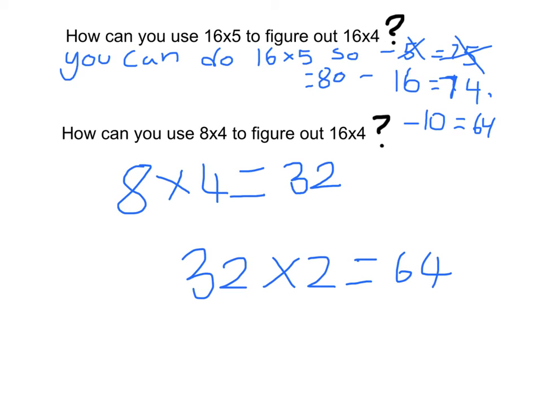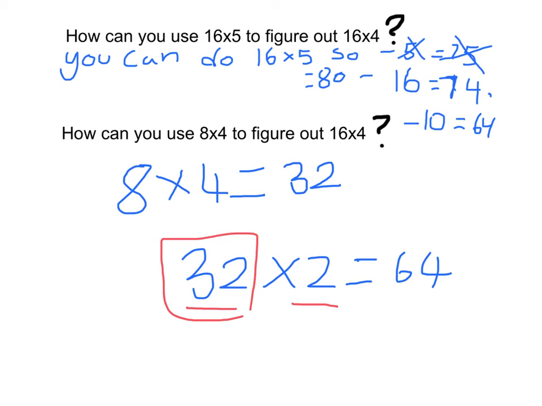This is really interesting because what Christy's done here, gentlemen, is she's done 8 times 4 is 32, so she knows that, and then she just doubled the 32 and made 64. Now, somebody explain to me, why did she double the 32?